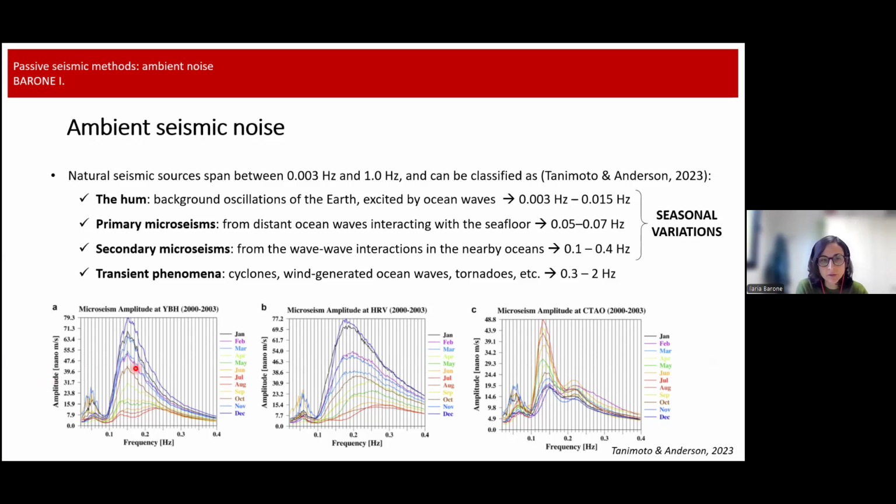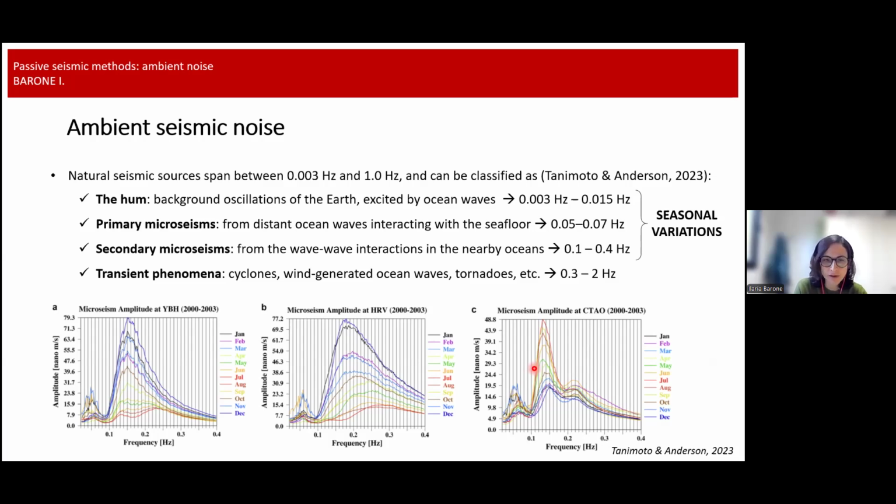In particular, in the Northern Hemisphere, we have much higher amplitudes in the months of November, December, January, February. This is the winter for the Northern Hemisphere, where we do have many more oceanic storms and so on. While in the Southern Hemisphere, of course, as we expect, we have most of the energy during their winter, which is June, July, August.